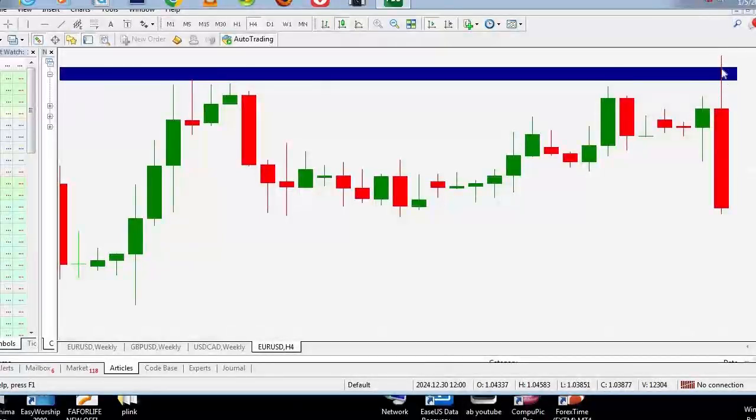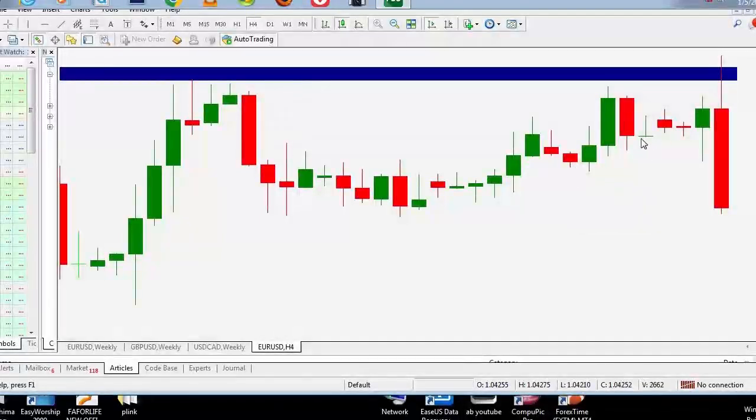But what do we look out for once price hits a high time frame support or resistance level like this? In this case, a fair value gap on the weekly chart. We expect to see a shift in market structure.